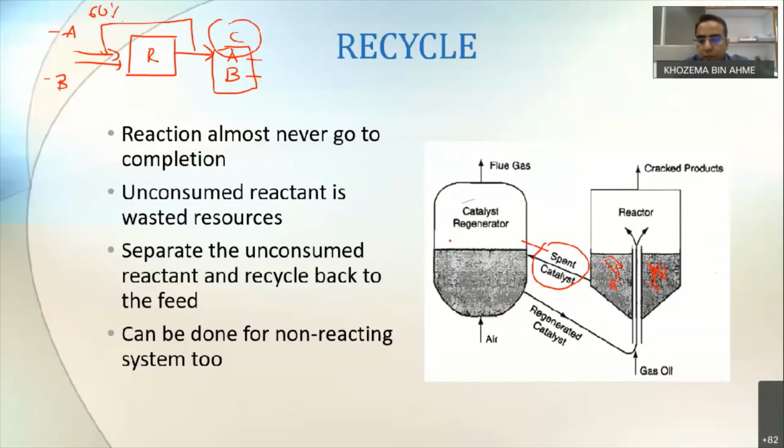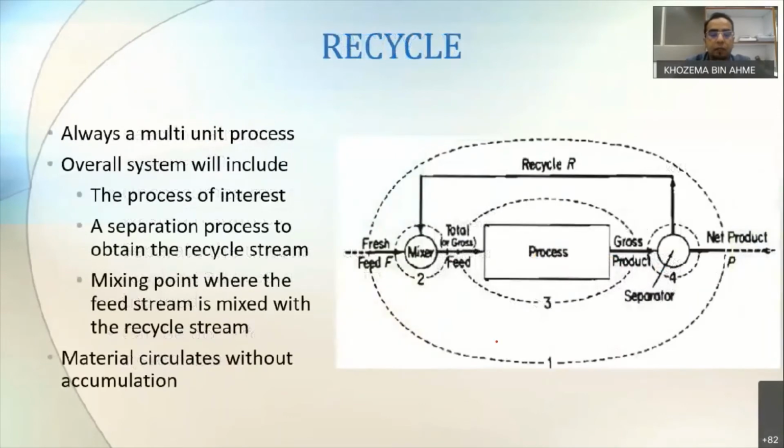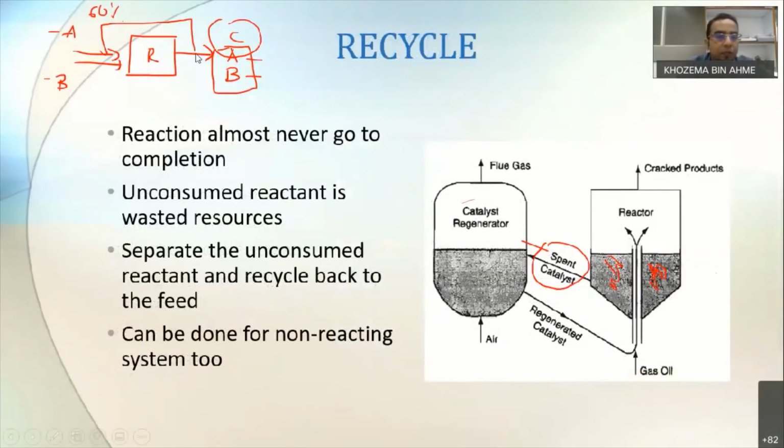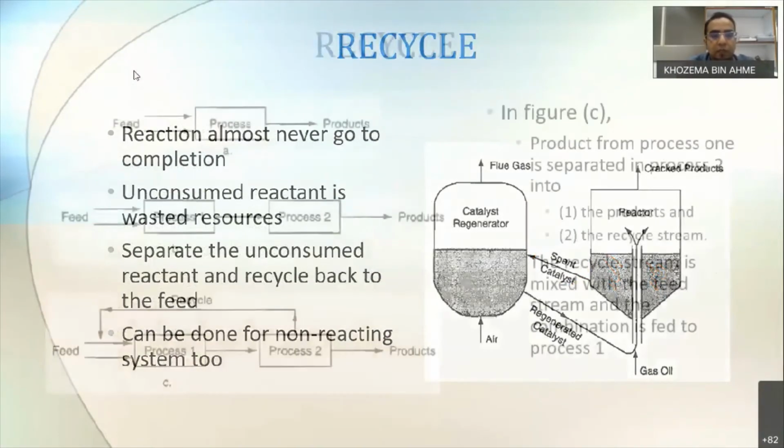So this is also a type of recycle process. If you look at your recycle, what we call the splitting or separation process is here, and this one is our mixing process.